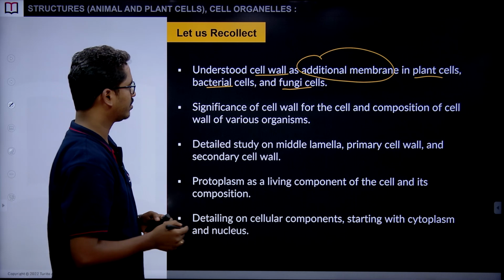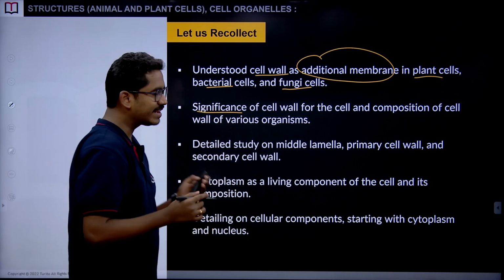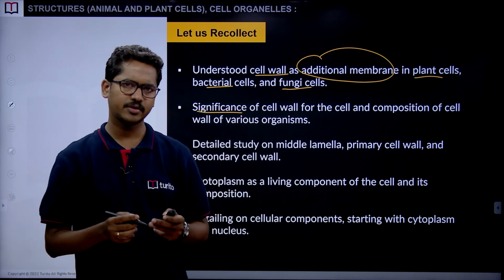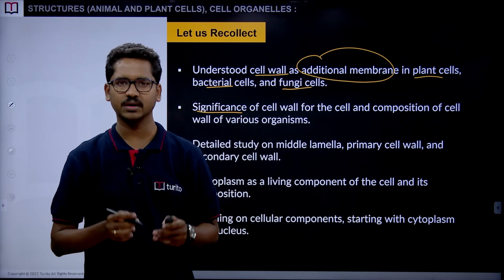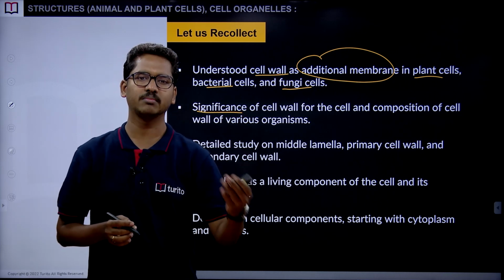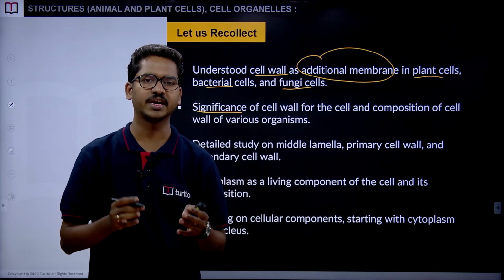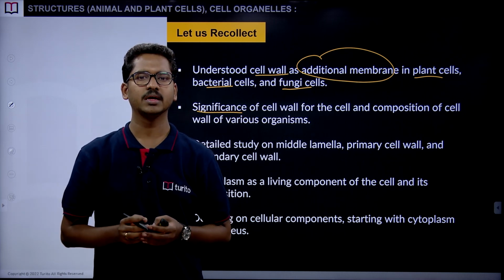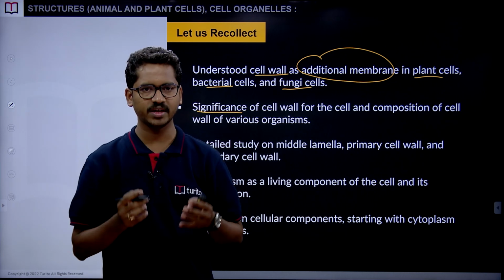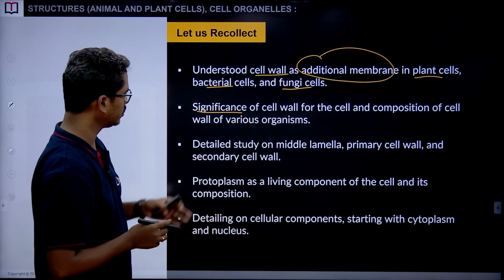We also understood the significance of why plant cells, bacterial cells and fungal cells need to have an additional membrane. In addition to the plasma membrane, the cell wall is surrounding the plasma membrane. Why is it required? That is what we understood.